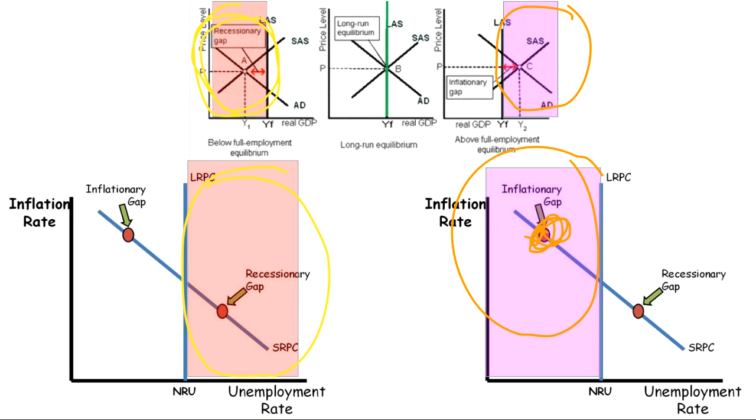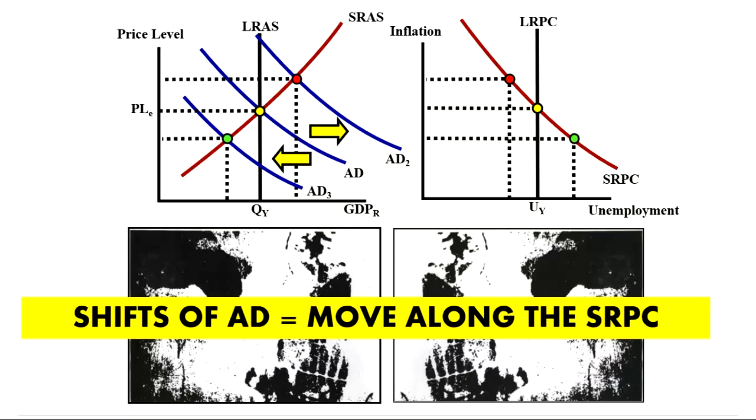Now on a Phillips curve question, if I am shifting aggregate demand, I'm going to move along the short run Phillips curve. Just like we did before, if this is our green point over here, it is mirrored on the other side, right? If I have an inflationary gap on my aggregate supply demand, my inflationary point is going to be here on the LRPC.